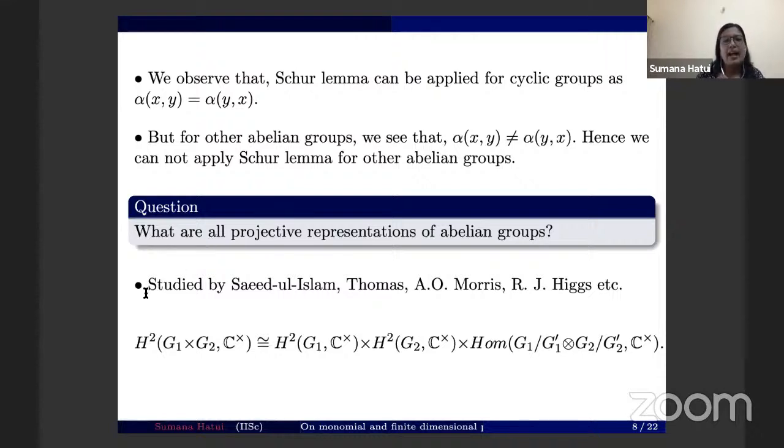These were studied by various authors from different points of view. In some papers they constructed, given alpha, how to build an alpha projective representation, and from other points of view they studied projective representations of abelian groups. This also tells you how to compute the Schur multiplier of abelian groups.